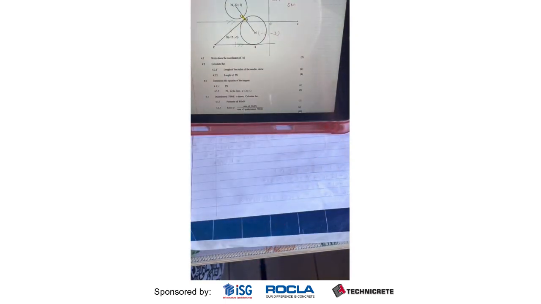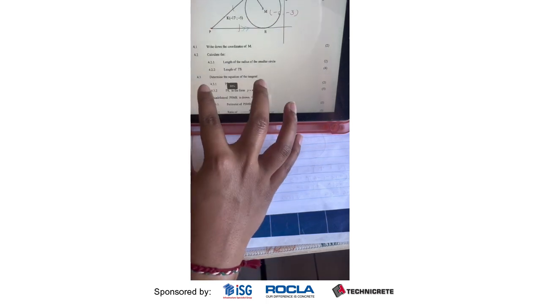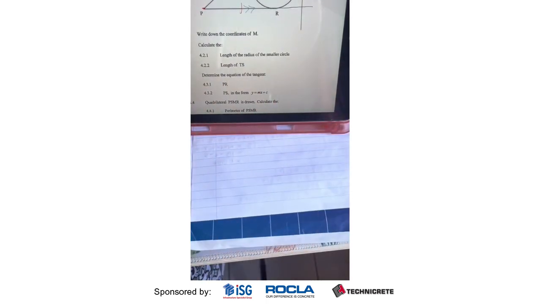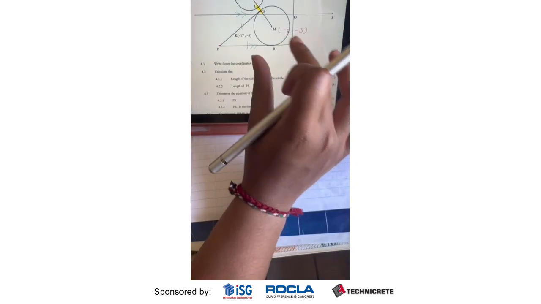Okay, the next question, we calculated the length of TS. Now we're moving on to 4.3. 4.3 wants us to determine the equation of the tangent PR. Okay, so here's PR.